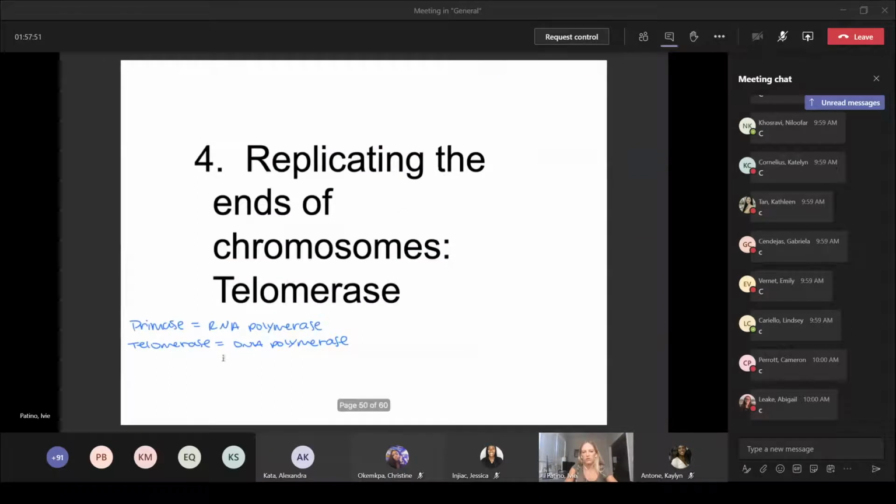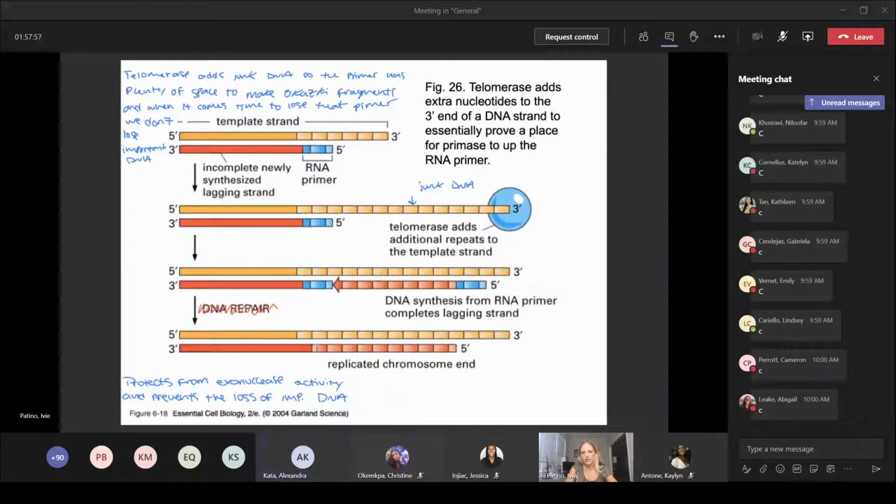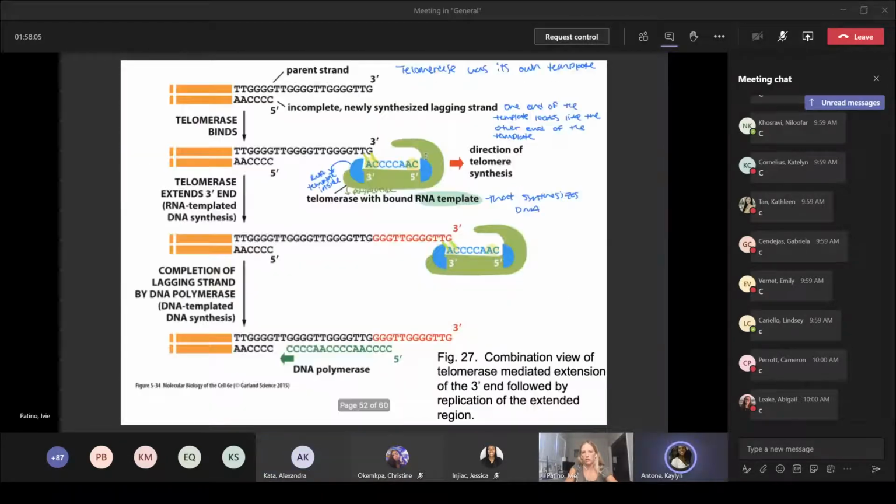So up here we said it's a DNA polymerase because we're synthesizing new DNA nucleotides, but it's using an RNA template to do this. So it has its own intrinsic template so that we can synthesize DNA. Does that make sense?